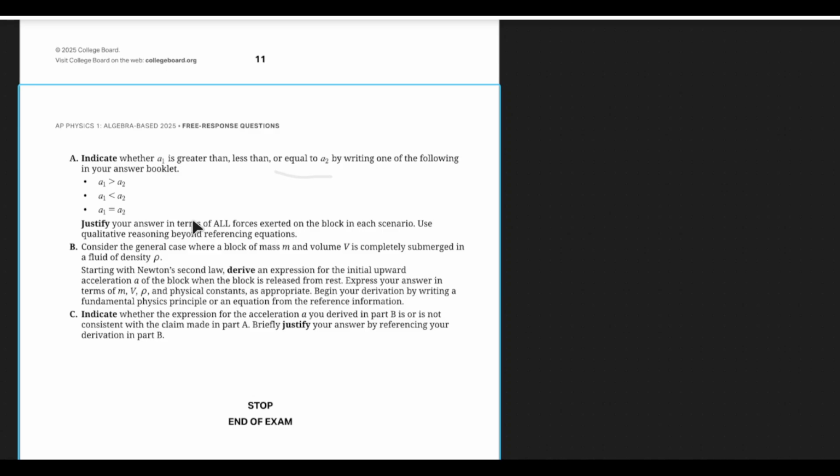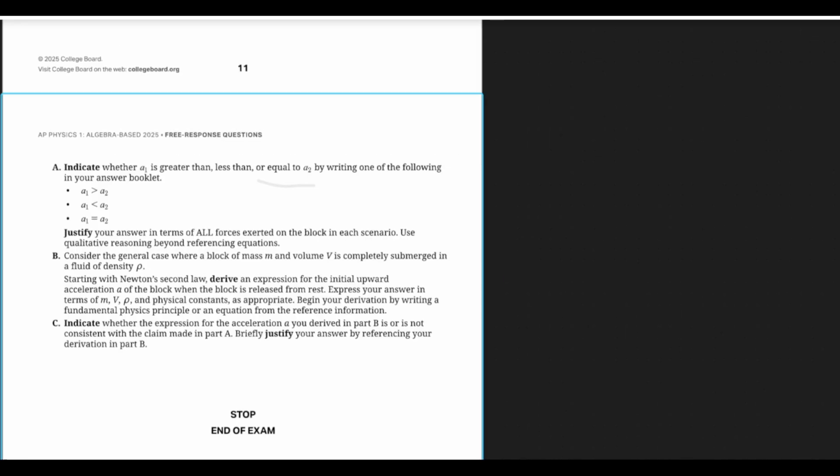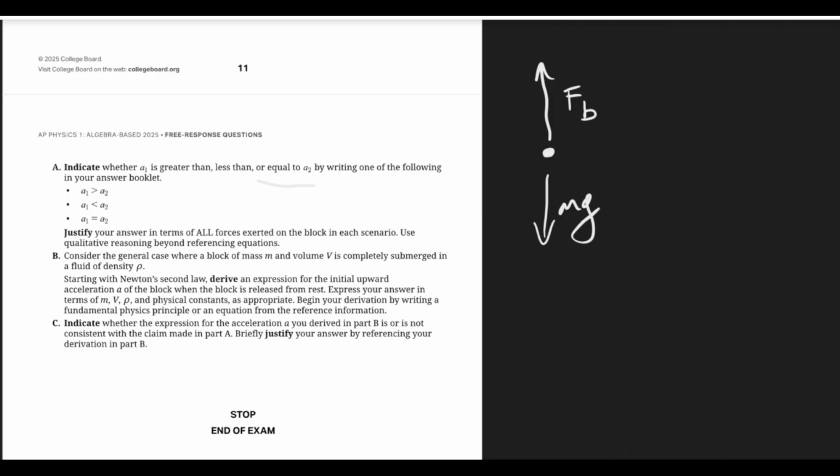So let's think about this here. What are the forces acting on my block when the swimmer lets it go? I have my buoyant force right here, and I have the weight of the block. The weight doesn't just go away because the block is underwater, so I have to justify my answer thinking about all of the forces.